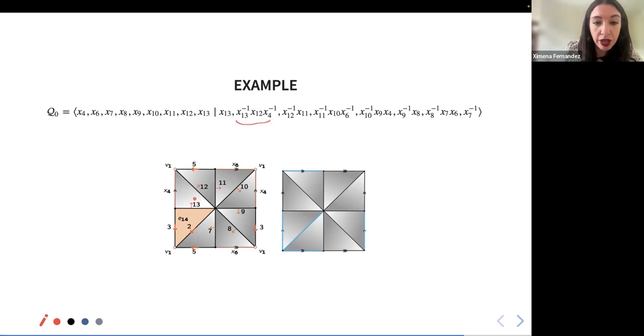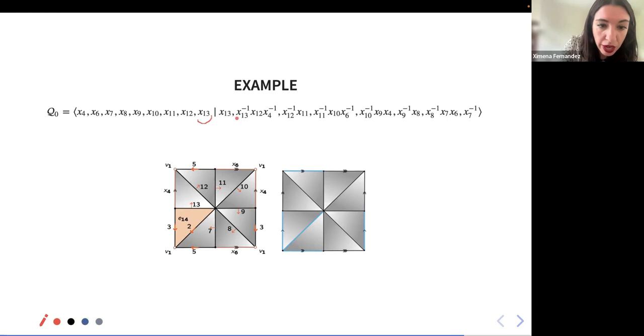And every time you perform an internal collapse, this is the generator associated to this 1-cell, and this is the relator.